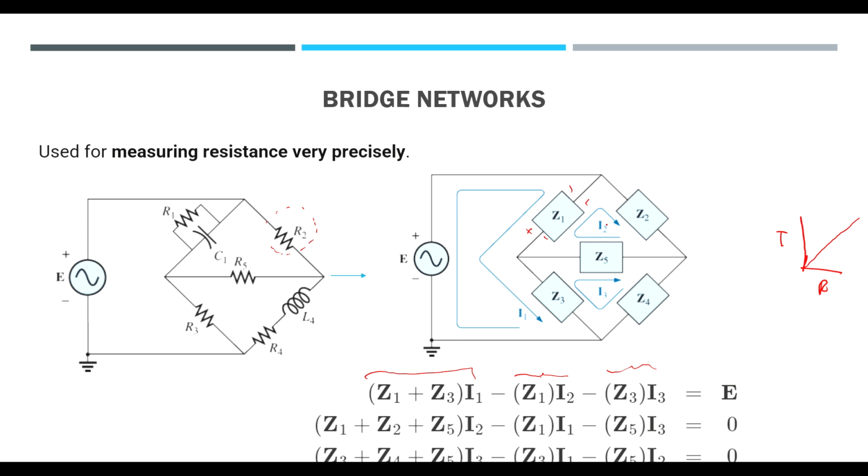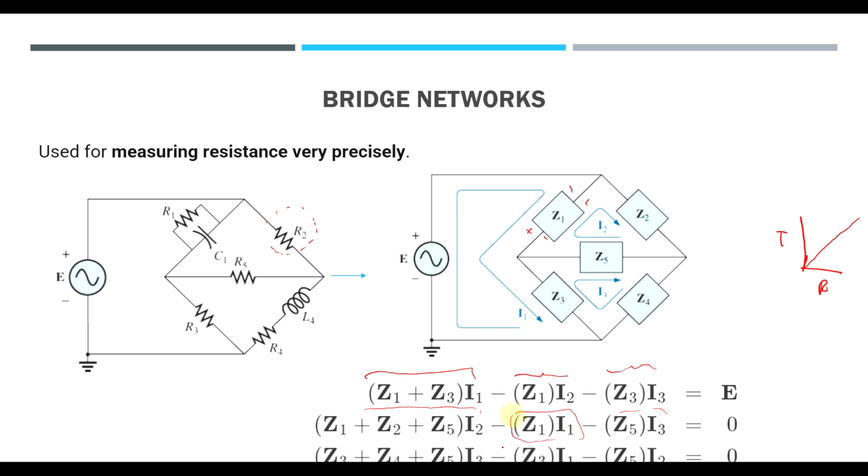For equation number 2, you have I2 going through Z1, Z2, and Z5, which is what we have here. Then Z5 has contribution for I2 and I3, so we have the Z5 contribution with I3 and the Z1 contribution with I1.